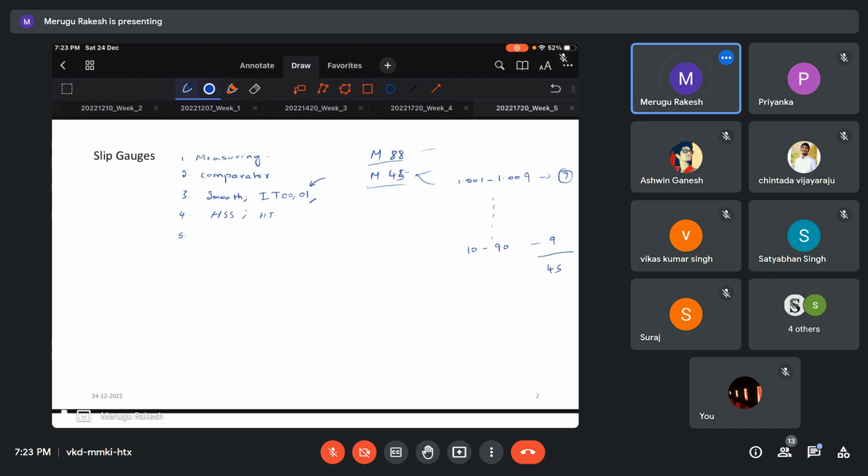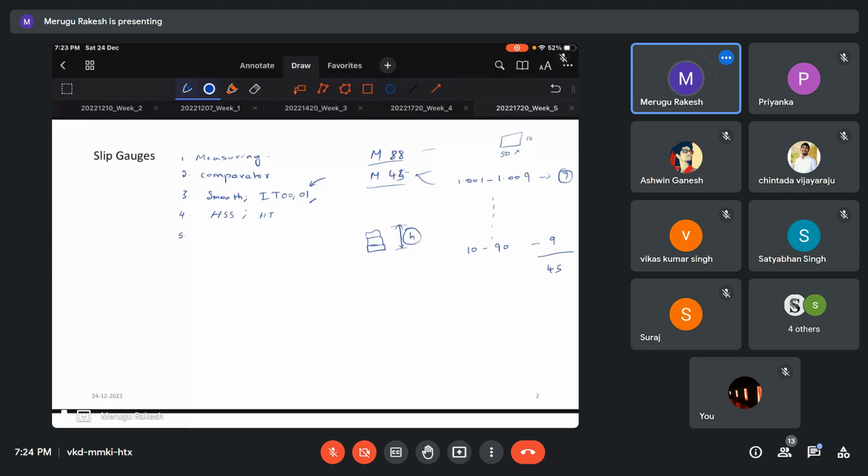What I am mentioning is the height of the slip gauges. The face length will be 15 to 10 or even less. Whatever I am mentioning, like 1.0, these are the heights of the slip gauges. So I will keep them as a stack so that I get the desired height.